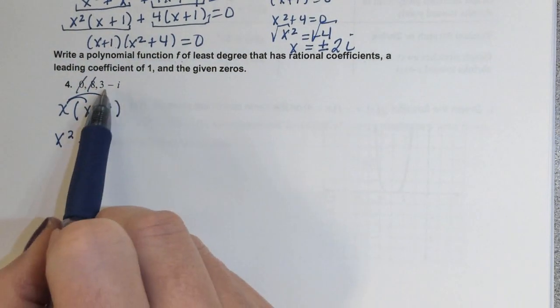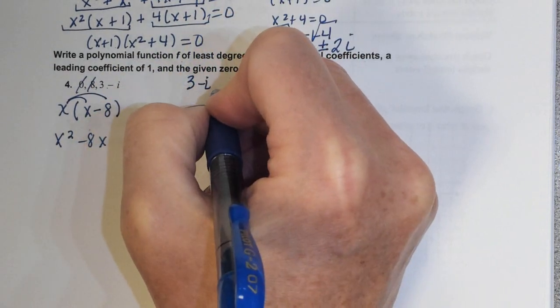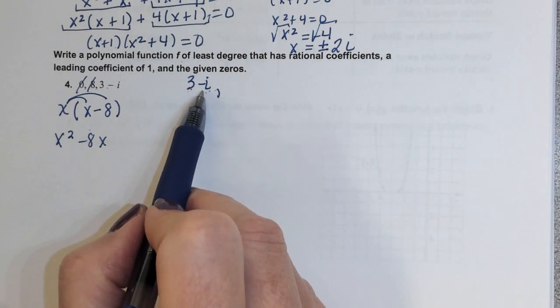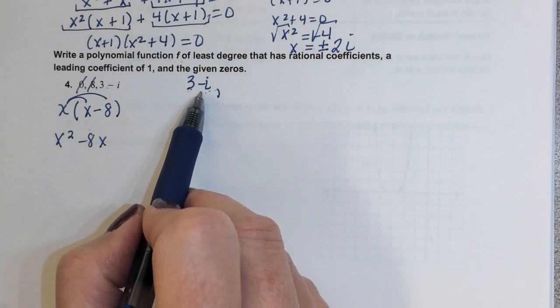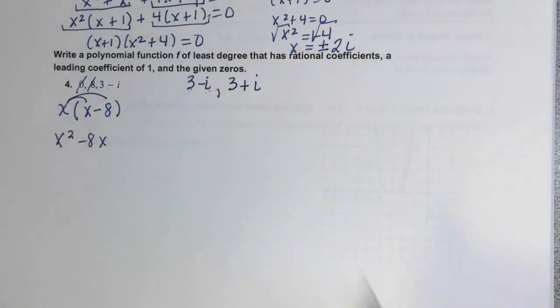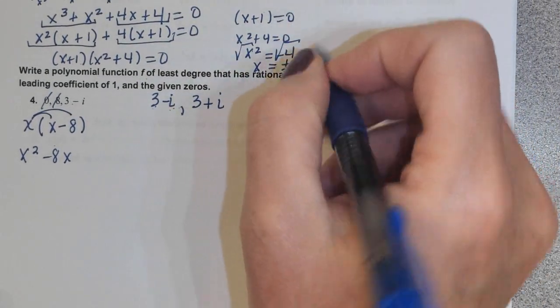Okay? We have learned that if 3 minus i is a solution, then I know the conjugate of this imaginary solution must also be a solution. So if 3 minus i is a solution, so is 3 plus i. Now, here's something that's very helpful.